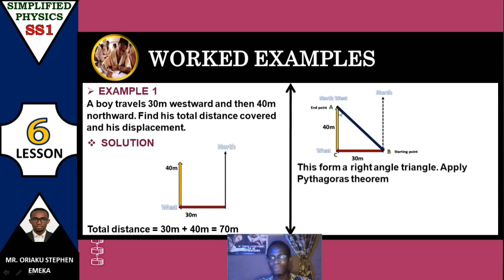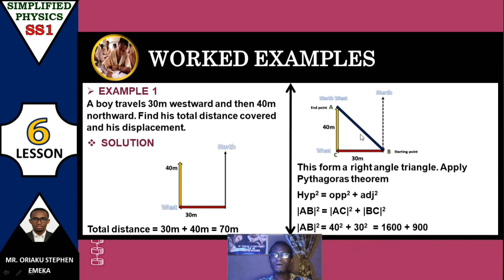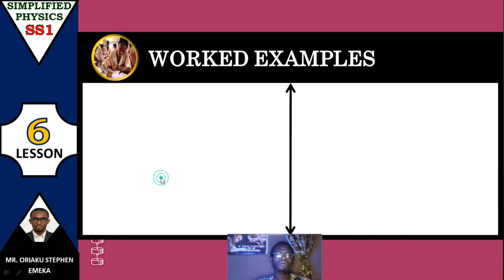This forms a triangle, and all right-angled triangles respect the Pythagoras theorem: hypotenuse squared equals opposite squared plus adjacent squared. So our hypotenuse squared, AB squared, which happens to be our displacement, equals AC squared plus BC squared. Putting the values back, AB squared is 40 squared plus 30 squared, which gives us 1600 plus 900, that is 2500, the addition of the two.